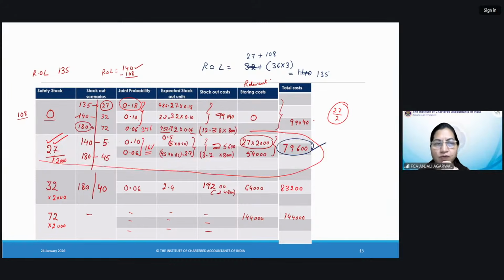We are not consuming from safety stock. Safety stock is kept throughout the period. So here also your safety stock was 27 units, and here also your safety stock was 27 units. You are not using the safety stock. It is expected that there will not be any need, but if there is a need, we can use it.